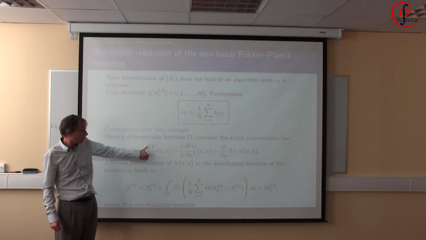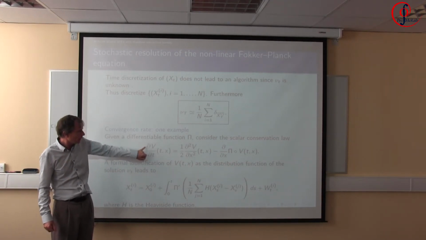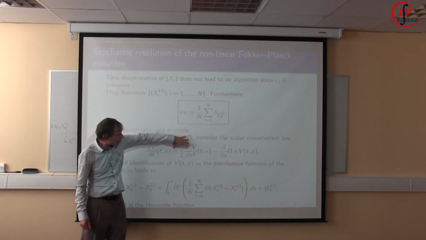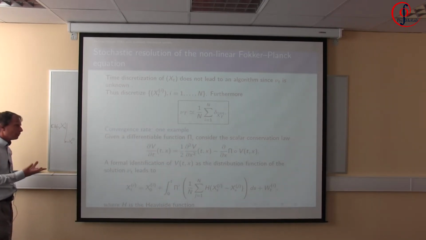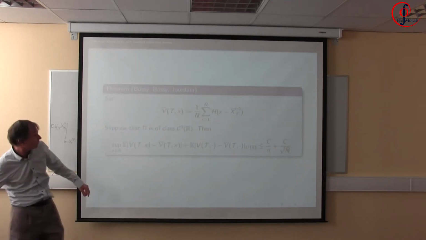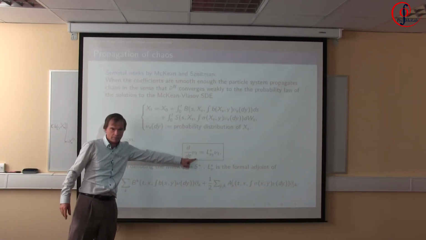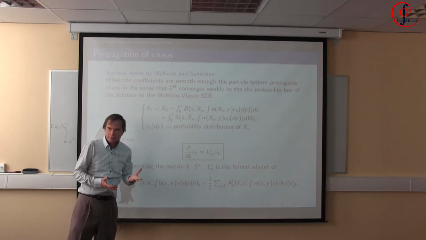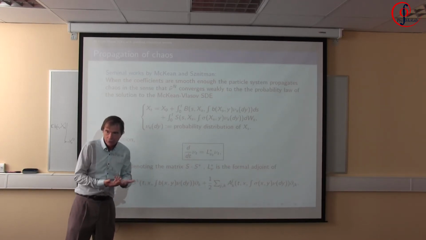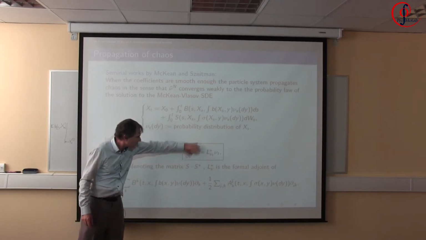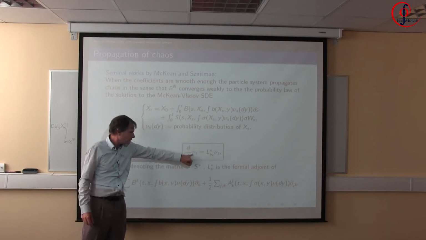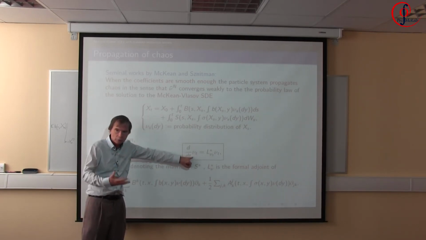So if you're given a function, then think of that as the dynamics of the probability distribution of an object which should be the solution of this kind of PDE. So it's really an exercise. Starting from that, you write what should be the dynamics of the distribution function.